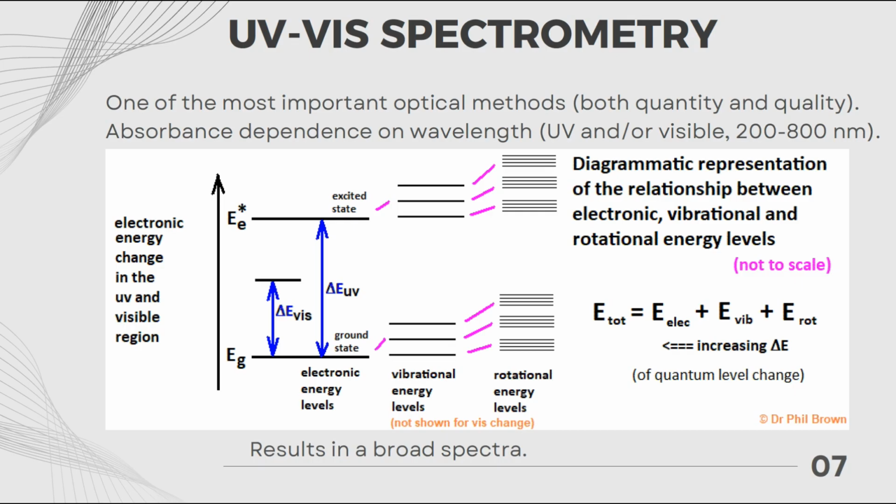Then the difference between vibrational energy levels is around 100 times smaller than those of electrons, and when we're talking about rotational energy levels, in their case they are 100 times smaller than those of the vibrational energy levels. Okay, and this results in really broad spectra that we may see in UV-visible spectrometry. So these are not lines. This is not a barcode, but it is a really broad spectrum because there are lots of different energy levels of everything.